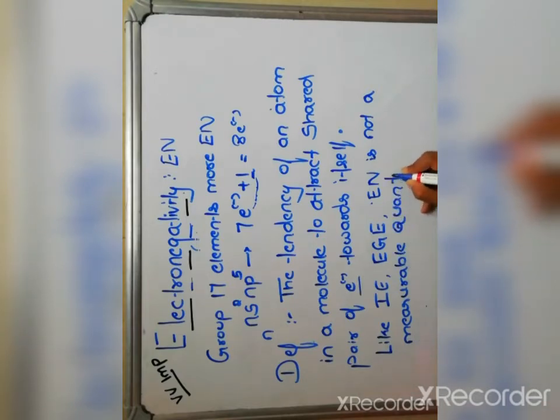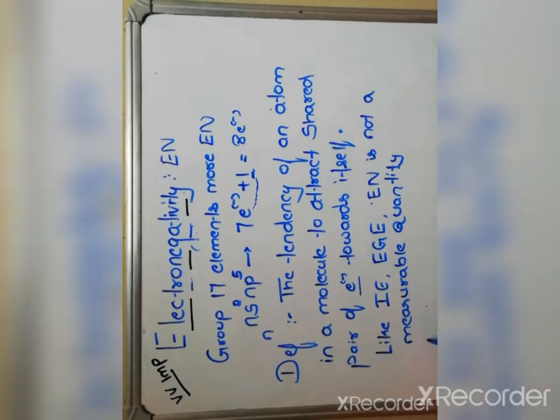So for that reason, two scales were used. One is said to be the Mulliken scale and one more is said to be the Pauling scale. By using these two scales, we calculate the electronegativity of the elements.